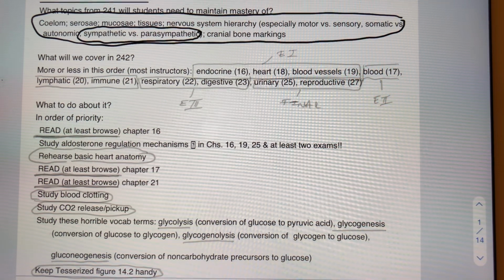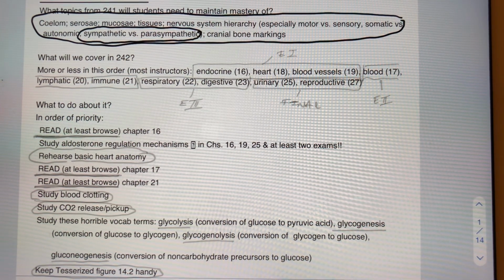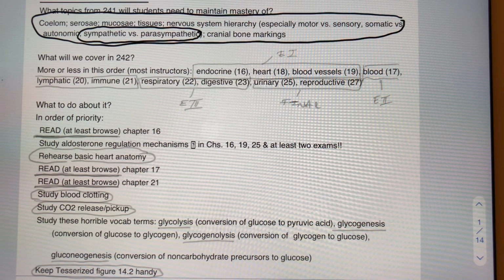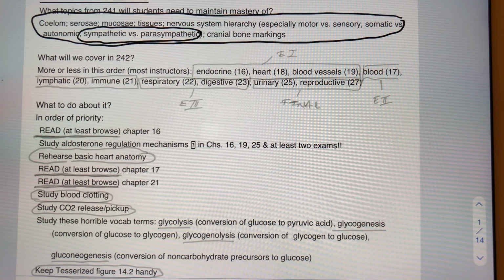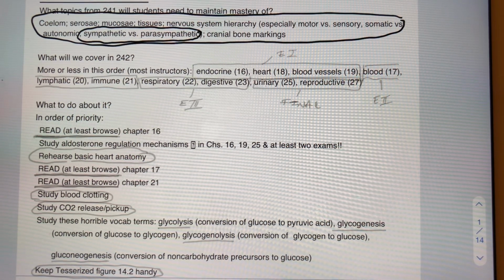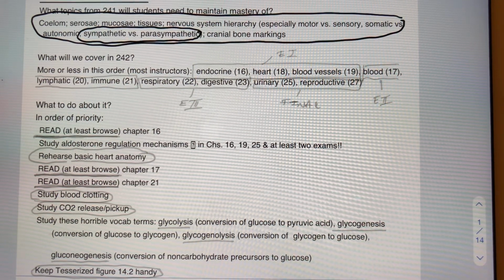Cranial bone markings usually scares students when they hear that, but if you really thoroughly learned your cranial bone markings in 241, you'll be shocked by how little you need to be able to recall in 242.